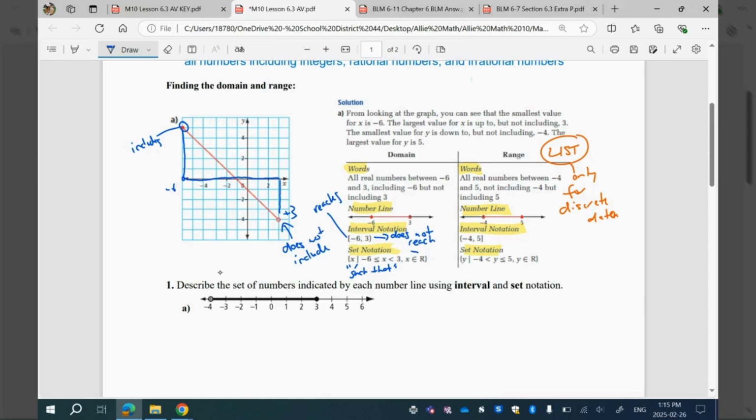And this right here shows that x includes all real numbers. This E is a Greek letter, called epsilon, and it means is an element of. So we're saying that x is an element of all real numbers.